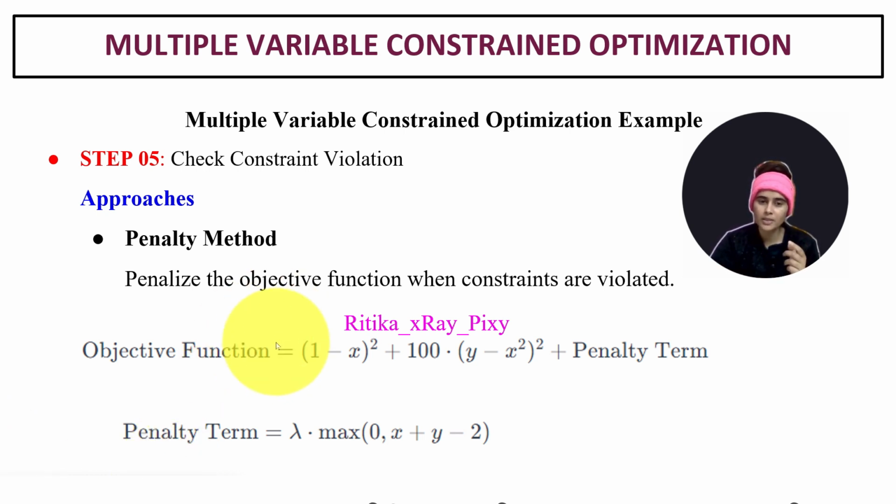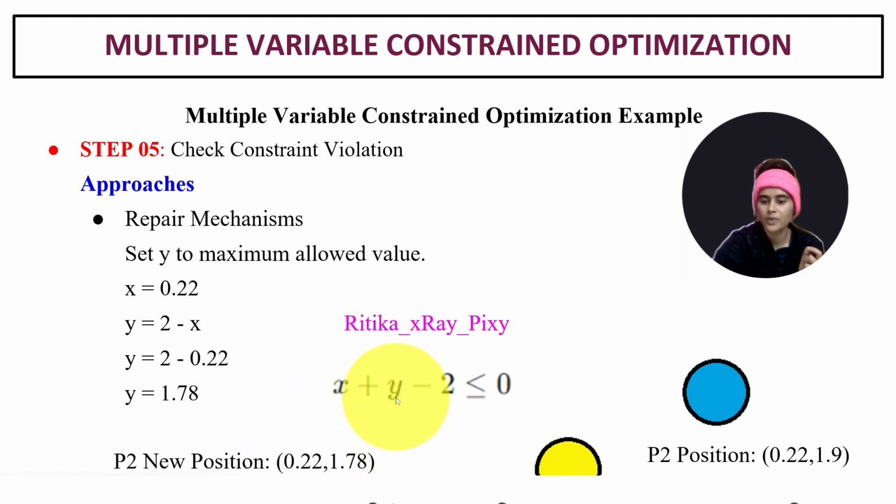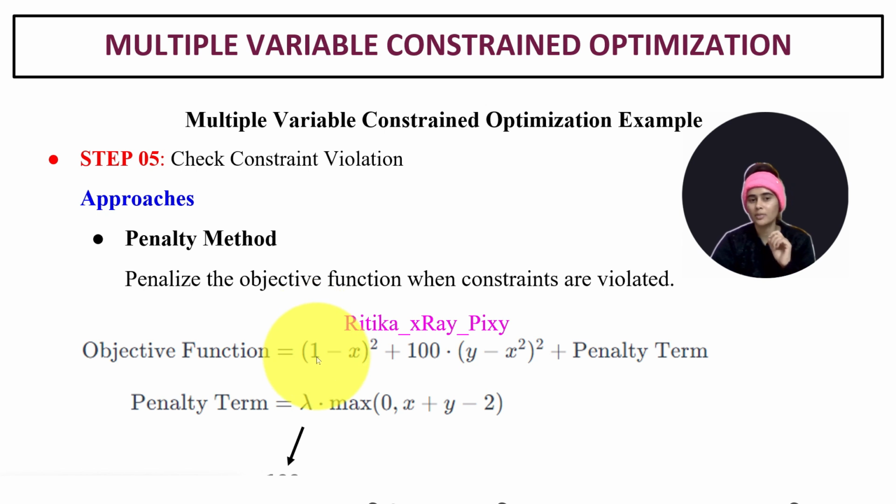So in the penalty method a penalty term is added to the objective function. You can see here this is the objective function and we added here a penalty term, and you can see the penalty term is this one. Further the value for lambda is 100. Either we can use the penalty method. This is the most common method used.